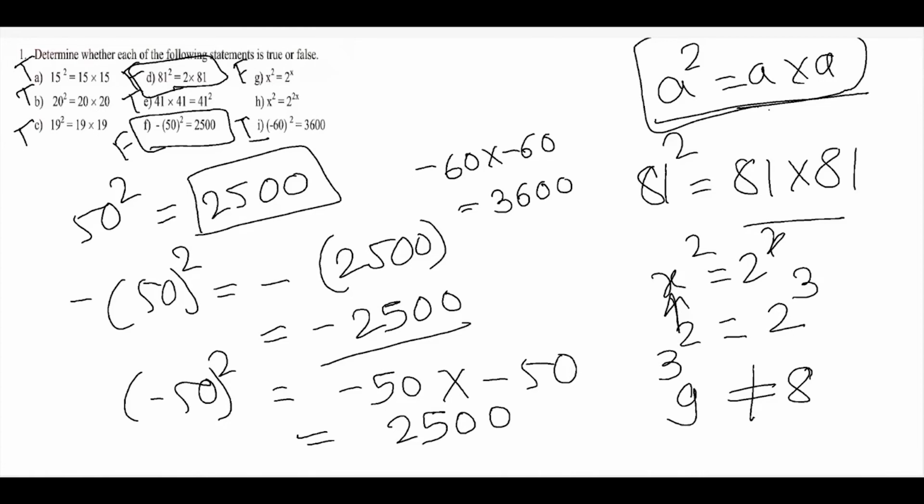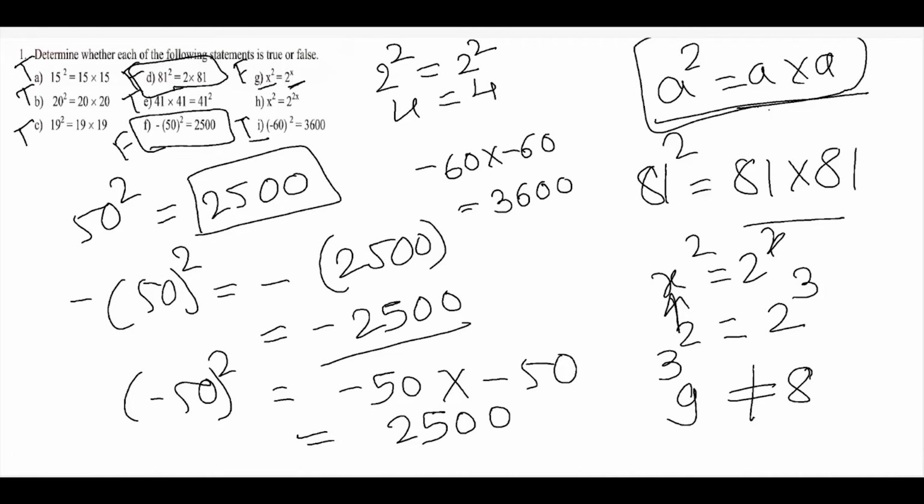Now what if I take the value of x as 2? So x square is 2 square, and this is 2 raised to 2, which means equal. So if the value is 2, then they are equal.